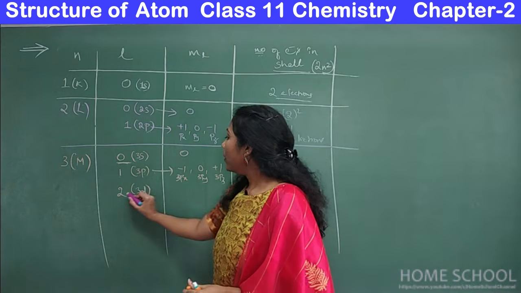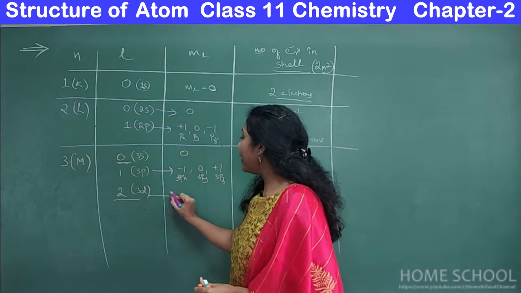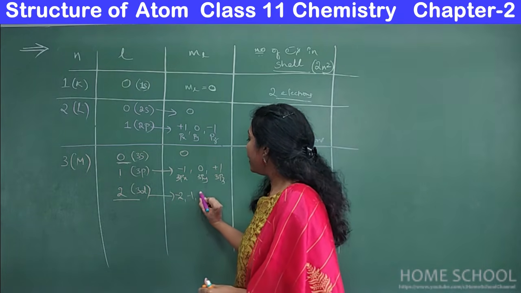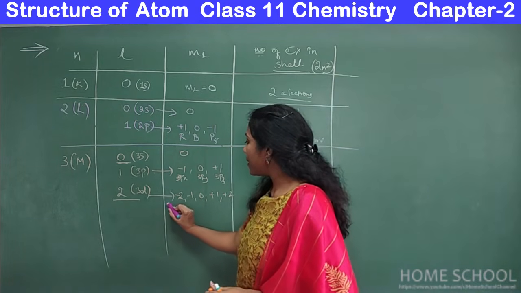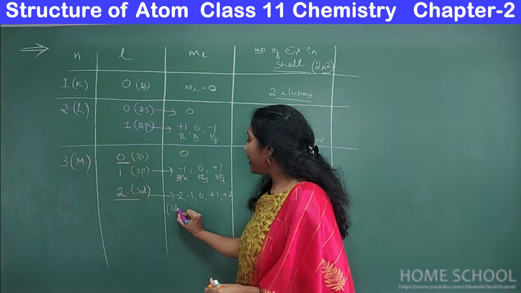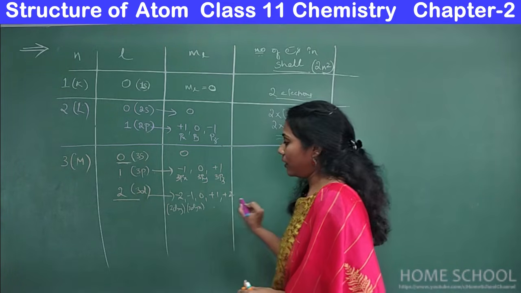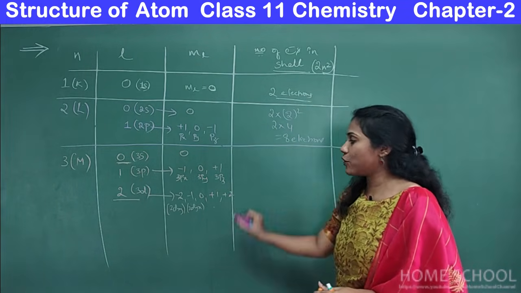Now when l is equal to 2, what are the possible ml values? -2, -1, 0, +1, +2. That means it is dxy, dyz, dzx, dx square minus y square and dz square.